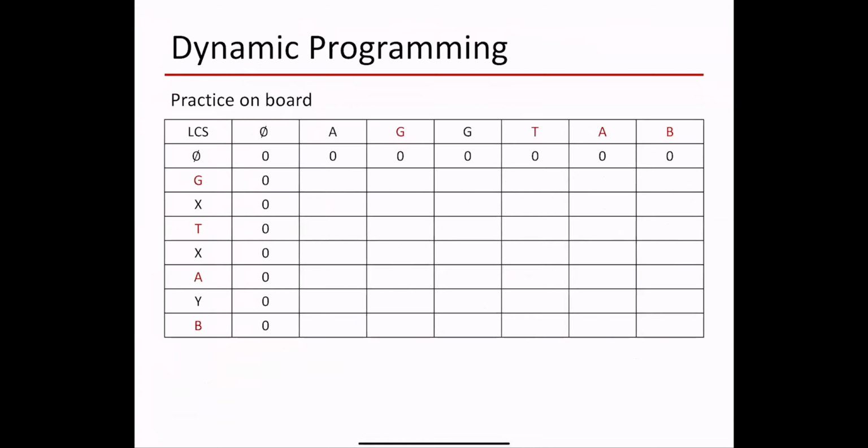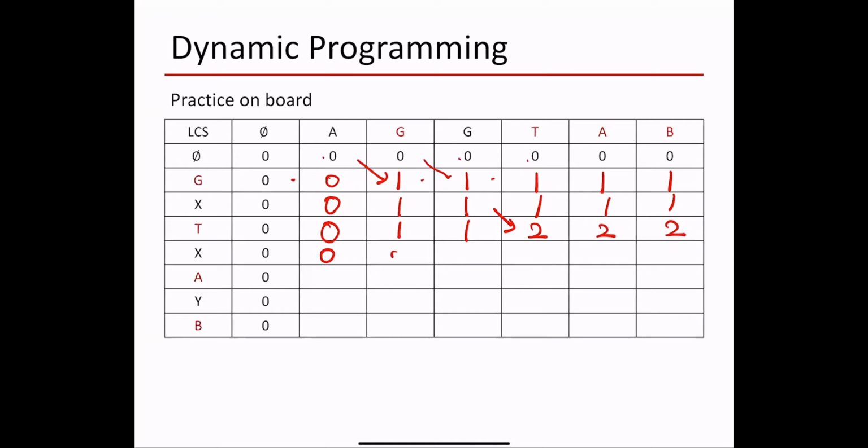Okay, let's try to solve it again. So don't match, the max of 2. Oh, it does match, diagonal +1. It does match, diagonal +1. Doesn't match, max of it. X is not matching, so max 1. Okay, T does match, therefore bigger 1. Oh, it matches, therefore 2. Bigger 1 and bigger 1.